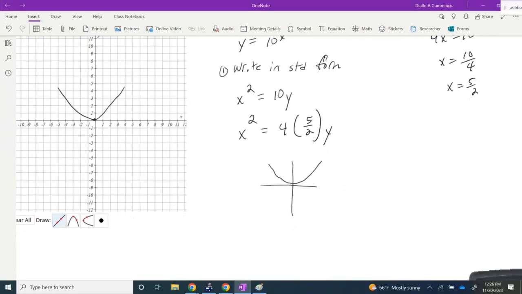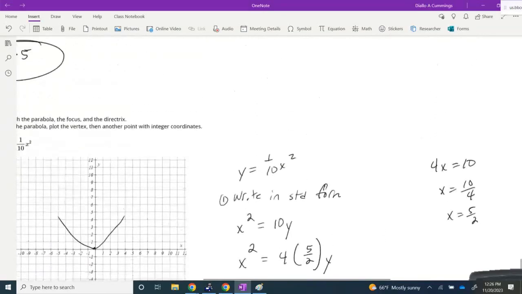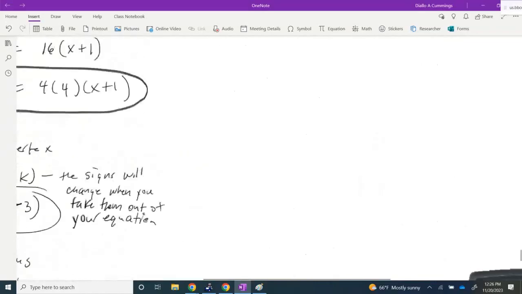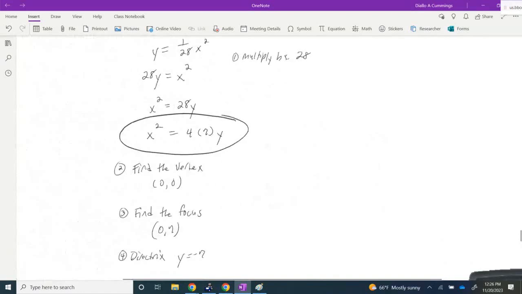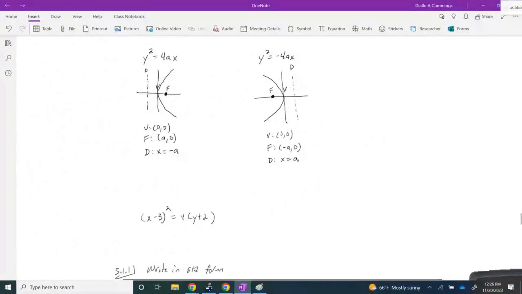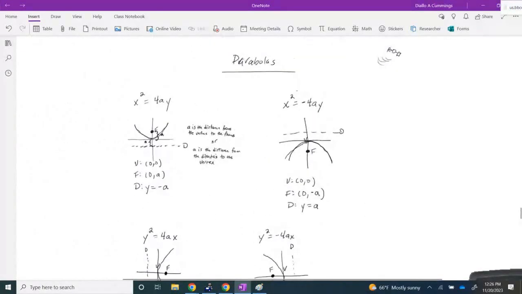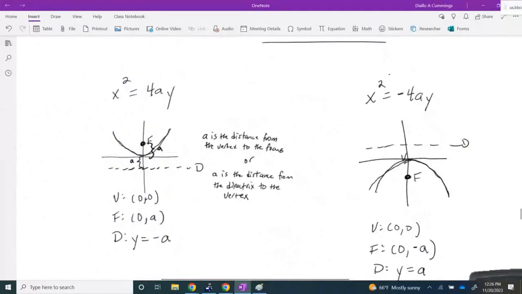If I take a look back at the model forms, I believe it would be this first one: x squared is equal to 4ay. So the focus is (0, a). The directrix is y is equal to -a.